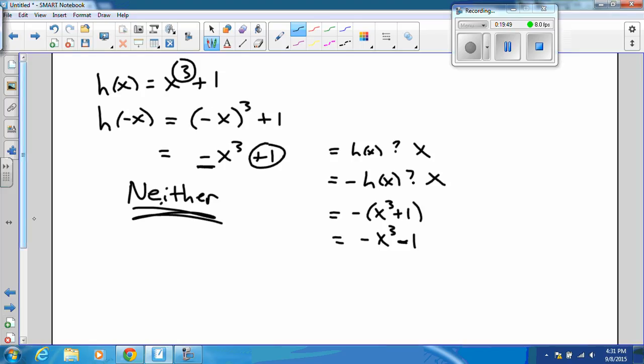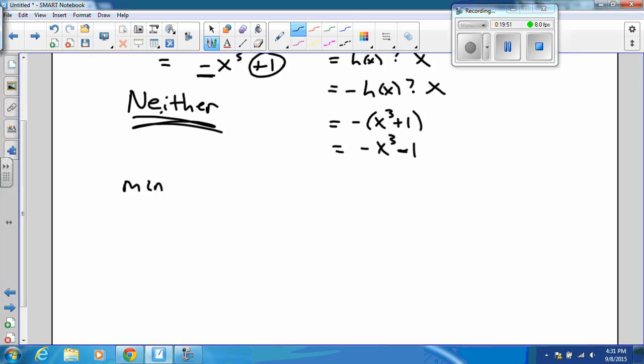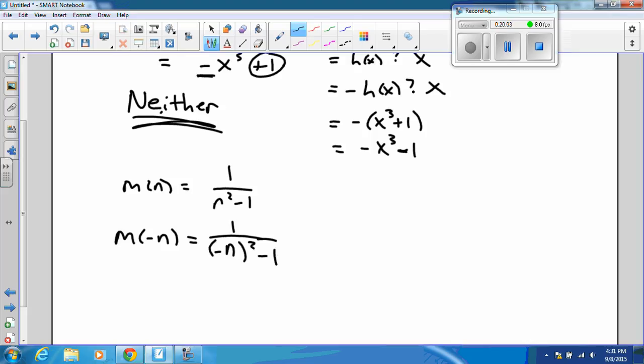Finally, m of n is equal to 1 over n squared minus 1. And so I use the negative n test here. Now, some of you were not quite careful with this. I'm substituting negative n for n, and n is what is being squared in the original, and therefore I must square negative n in my m of negative n.